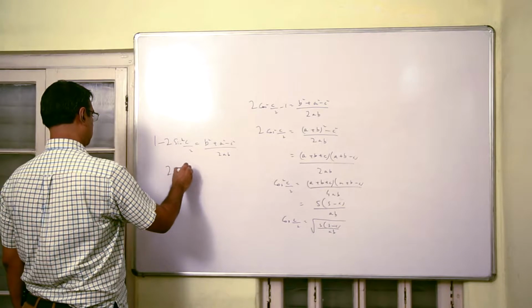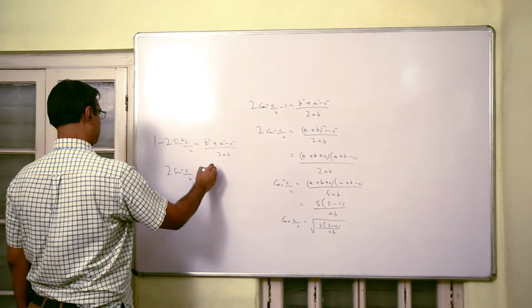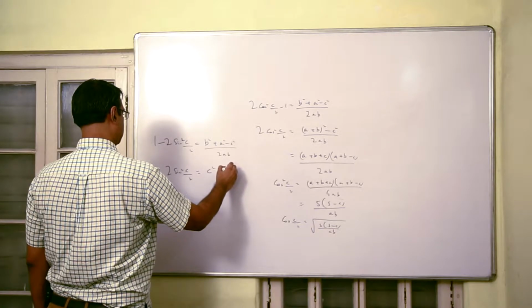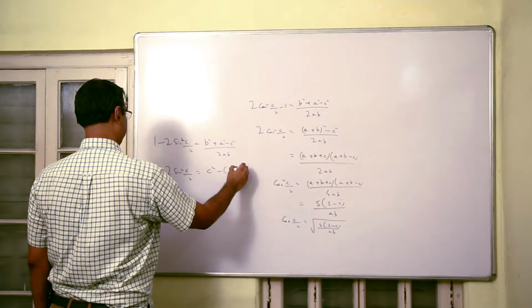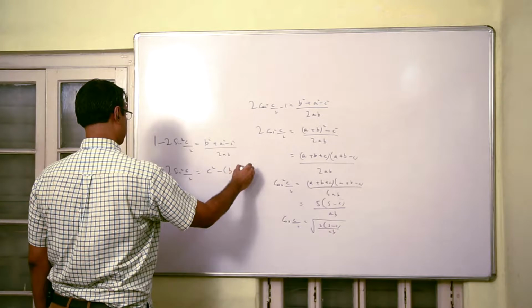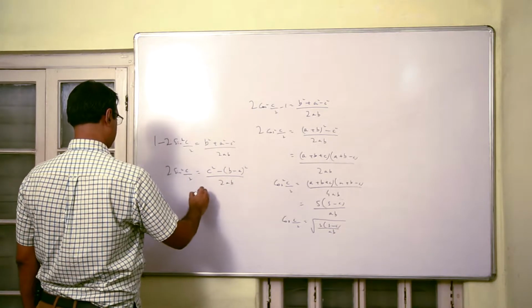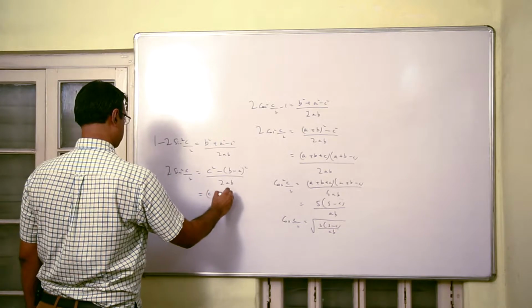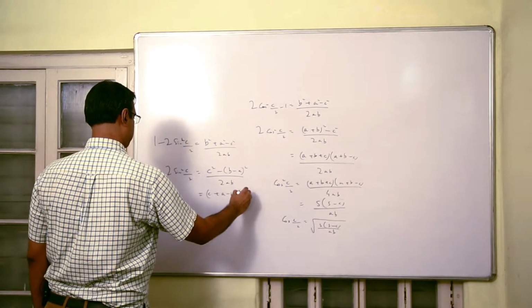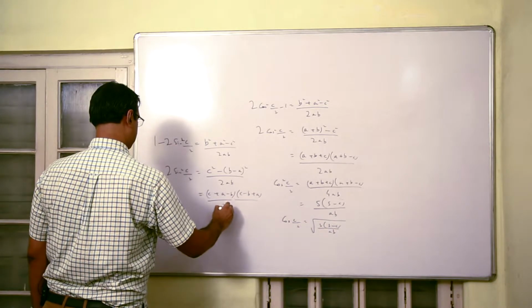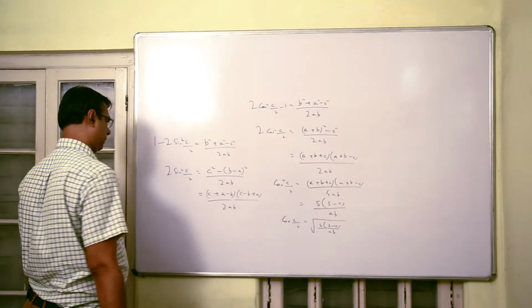So 2 sine square C by 2 is (C square minus (B minus A) whole square) by 2AB. So that is (C plus A minus B) into (C minus B plus A) by 2AB.